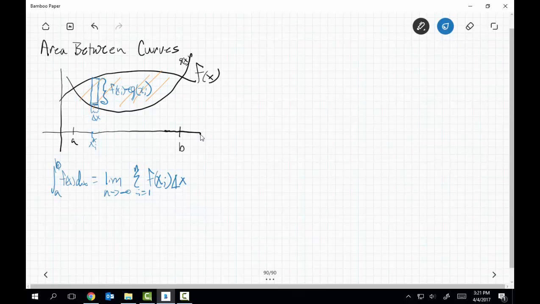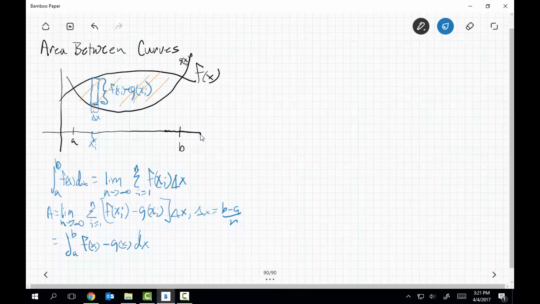So if I want the area between the curves, this would just be the limit as n goes to infinity of the sum as i goes from 1 to n of f of x sub i minus g of x sub i, the whole thing, times delta x, where of course delta x equals (b minus a) over n. Or this is equal to the integral from a to b of f of x minus g of x dx. And we're done. That's it.